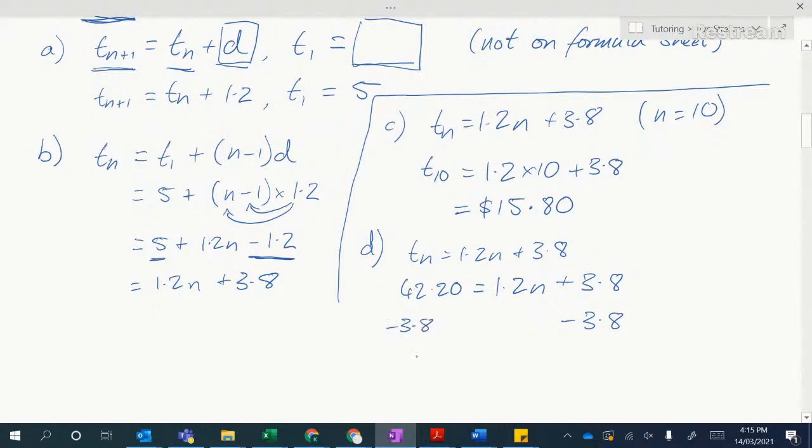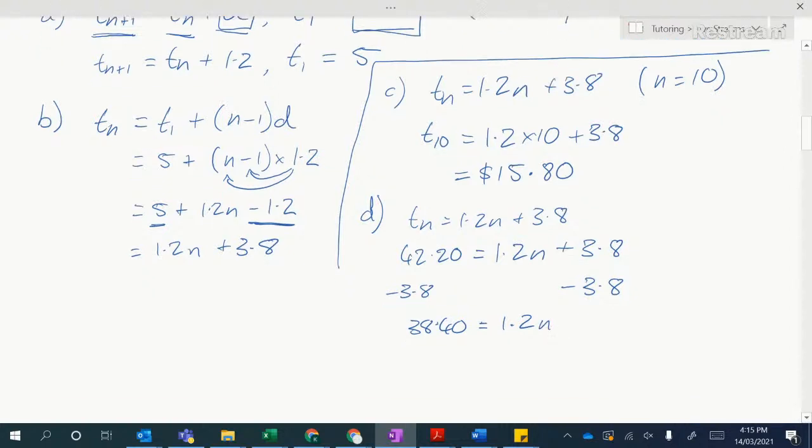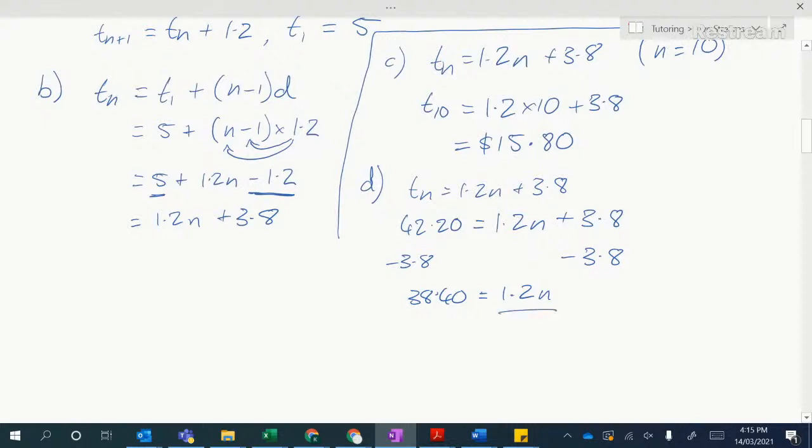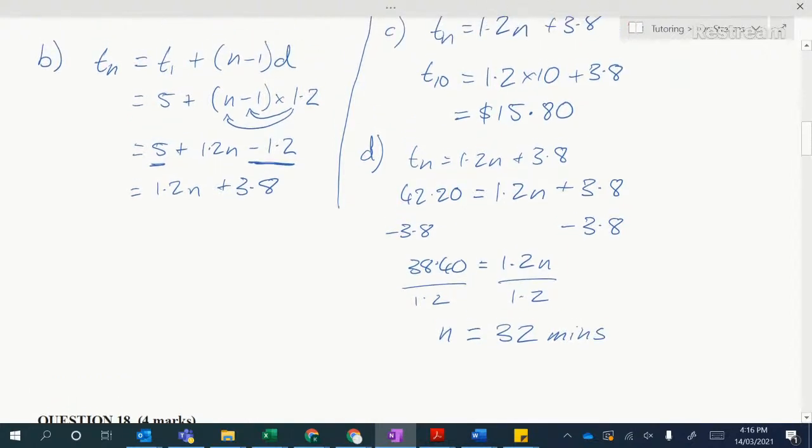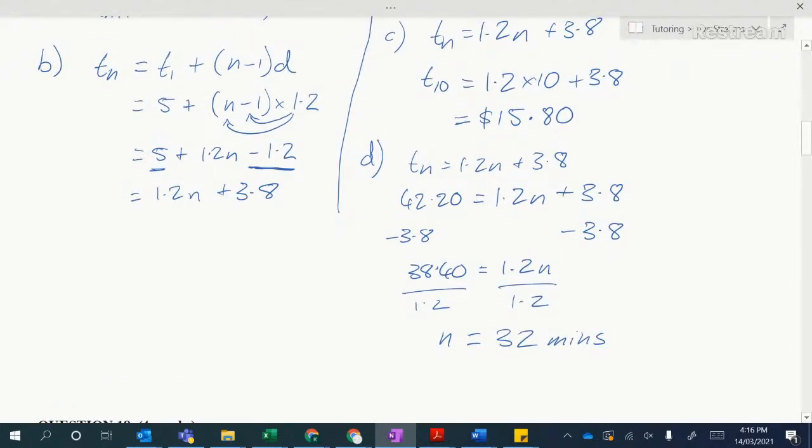That gives me 38.4 equals 1.2n. Whoops, n, not m. And then I would divide by 1.2. And we get an answer of 32 minutes. All right. How did we go with that one?